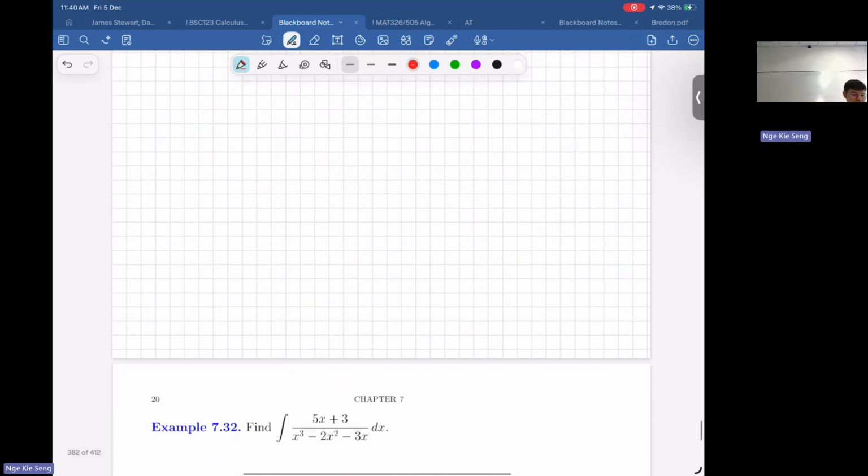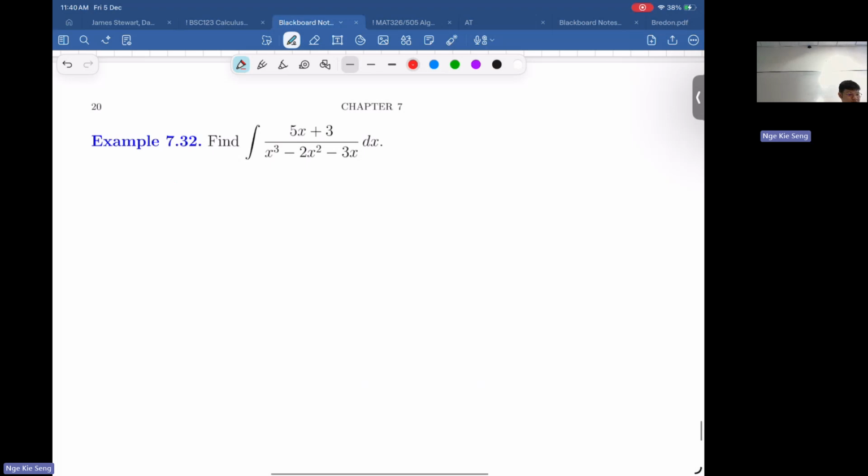How about I let you try one more exercise? I give you 2 minutes. Okay, try and write this denominator into linear factors.